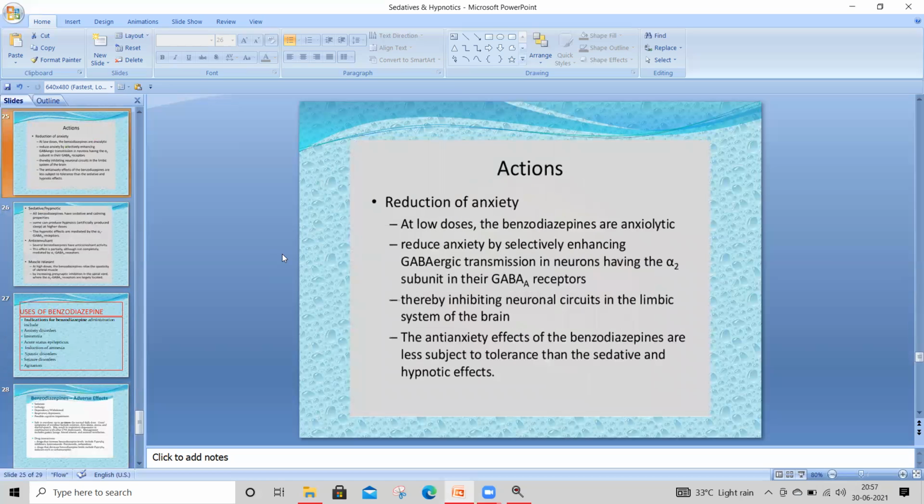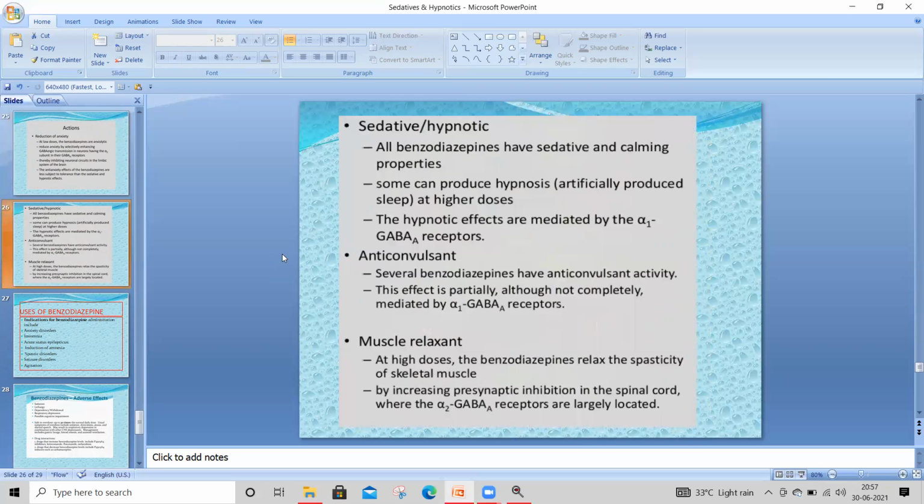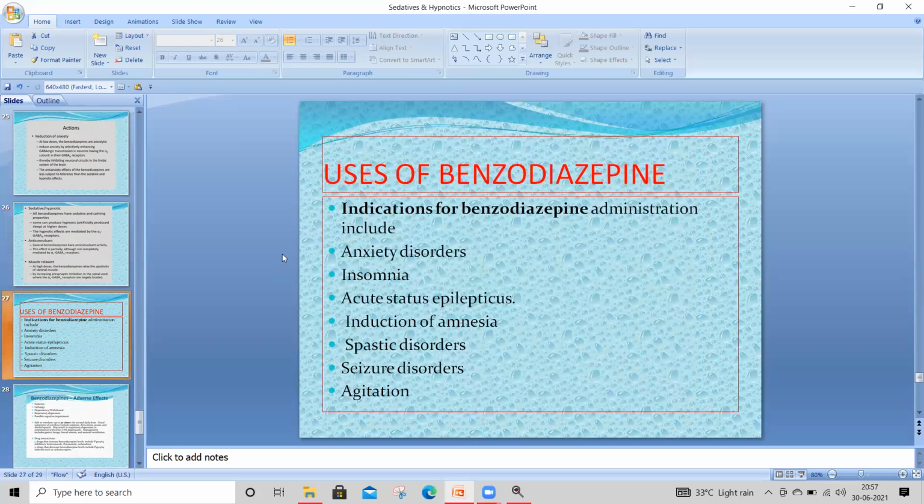And after that, you have to know the pharmacological actions of benzodiazepine, that is reduction of anxiety. From the classification of the drug, you can write: it has sedative hypnotic activity, it has anticonvulsant activity. Benzodiazepine also has muscle relaxant activity. Shortly, I have written here the uses of benzodiazepine.